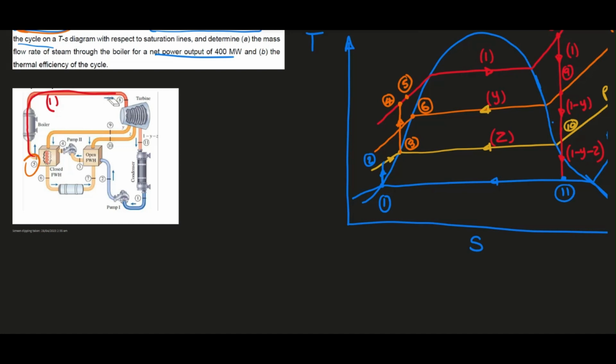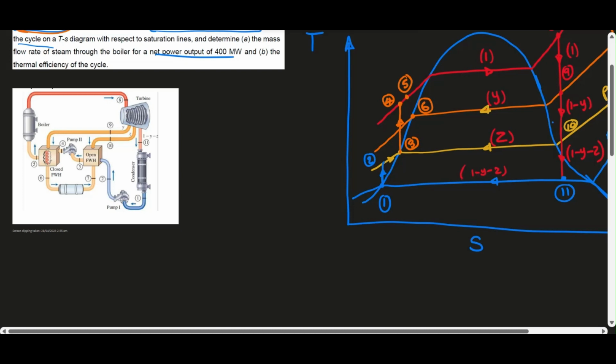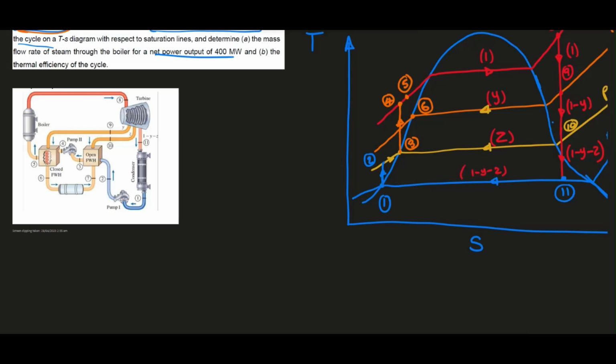Alright. Cool. So we have 1 minus Y minus Z, and from 1 to 2 it's still the same, and at step 3 we have Z coming in. Also at step 3 they're all leaving as 1, because it's after mixing in the open feed water heater.